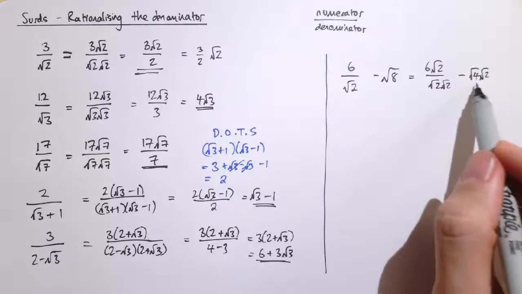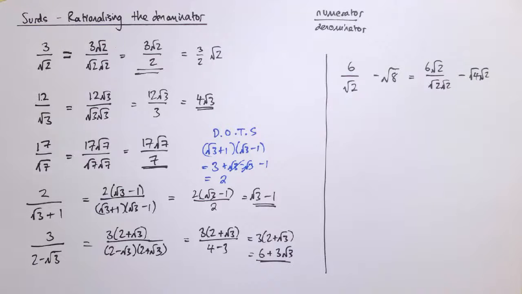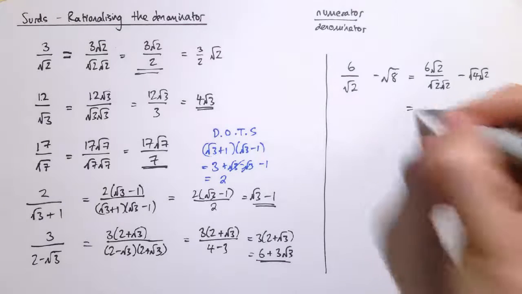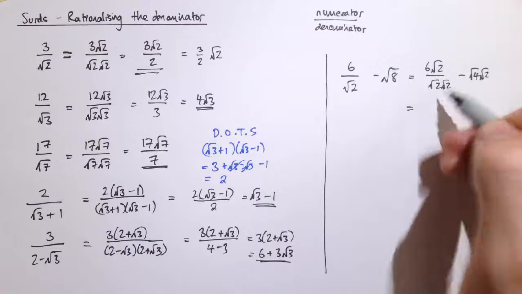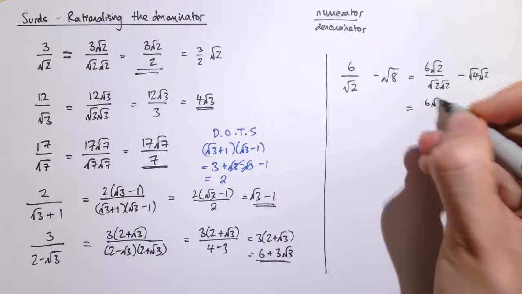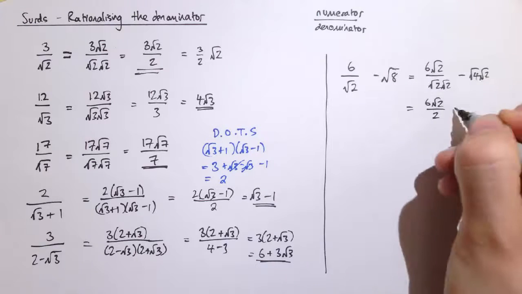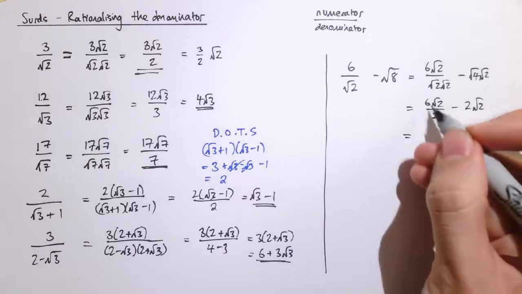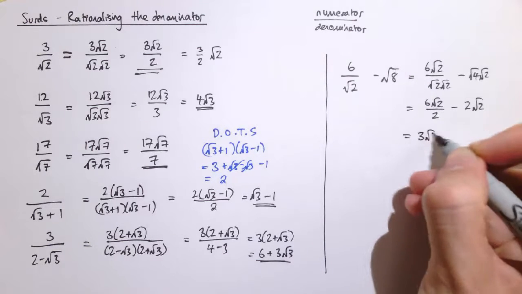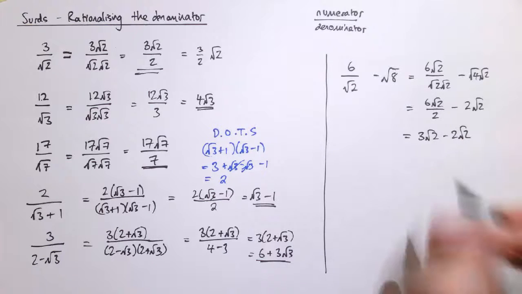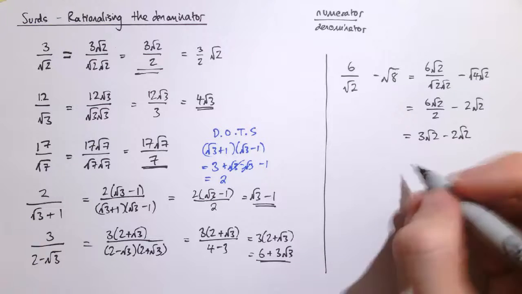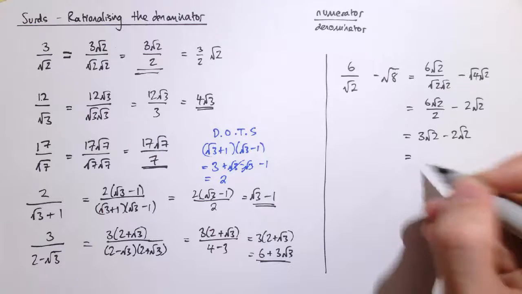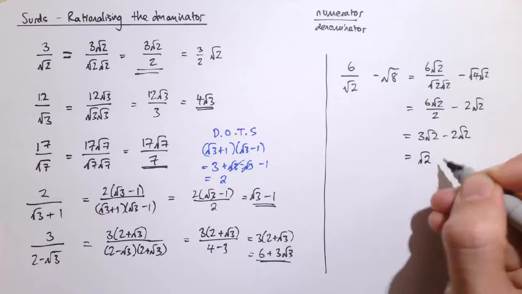I've done that because the square root of 4 is just 2. So 6 root 2 over root 2 times root 2 is 6 root 2 over 2, and this is 2 root 2. So 6 divided by 2 is 3, that's 3 root 2 minus 2 root 2, so that's just 3 minus 2, which is 1, or 1 lot of root 2, which I just write as root 2.